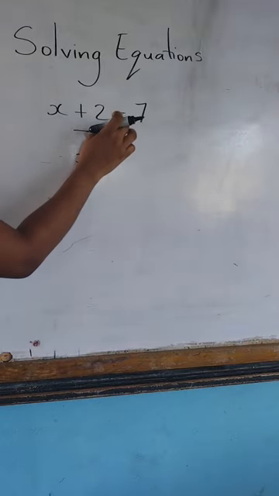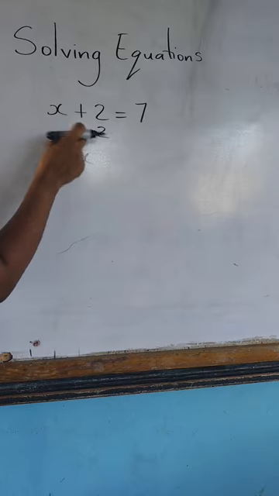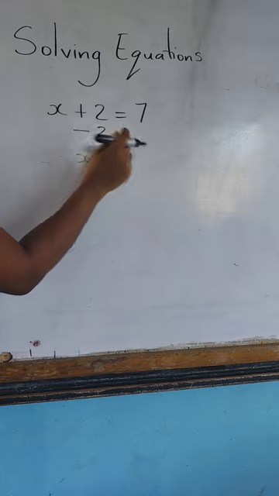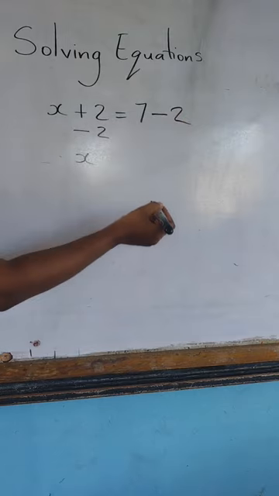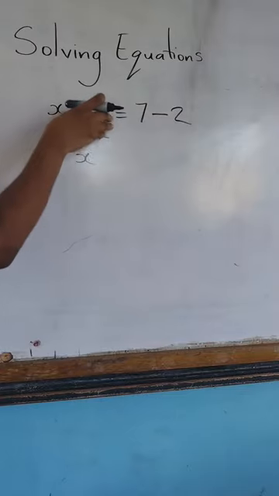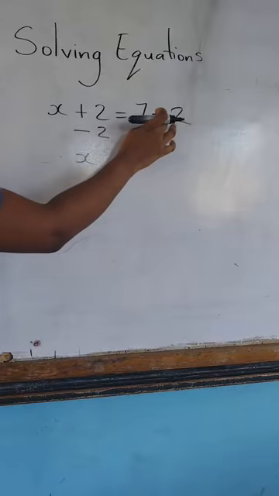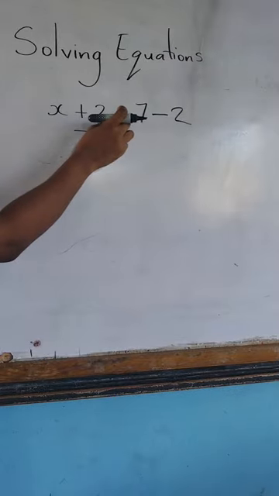However, it was an equation that was equal, which means that if I subtract 2 from this side of the equation, I'd have to subtract 2 from that side as well to maintain that balance or equality. If you manipulate this side by subtracting 2, you have to manipulate that side by subtracting 2 to maintain equality.